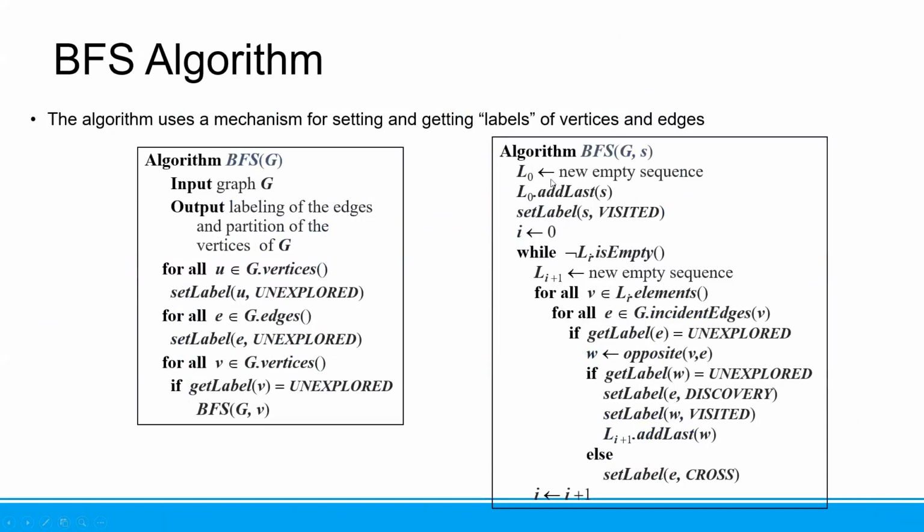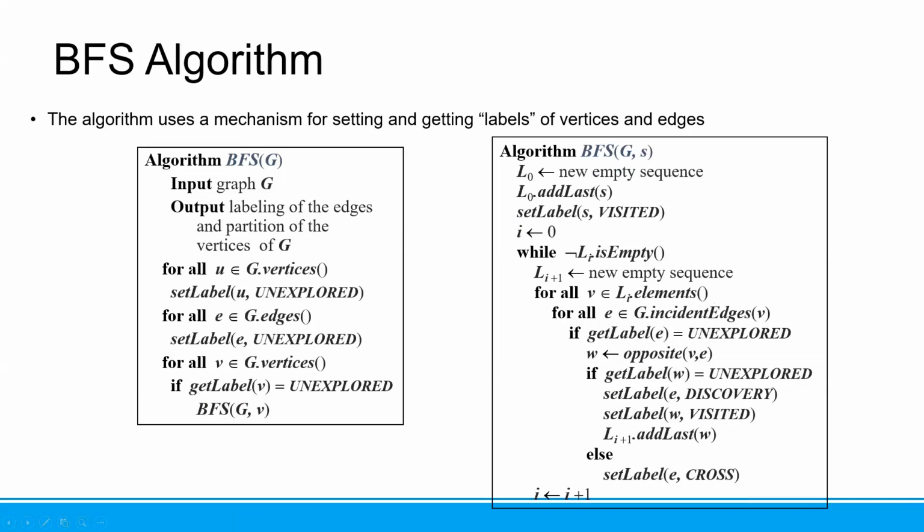Because L0 is a new empty sequence, we add S, which is the vertex, and set the label of S as visited. A is visited. Then we have i equals 0. We check whether L0 is empty or not. It is not empty, so we make L1.